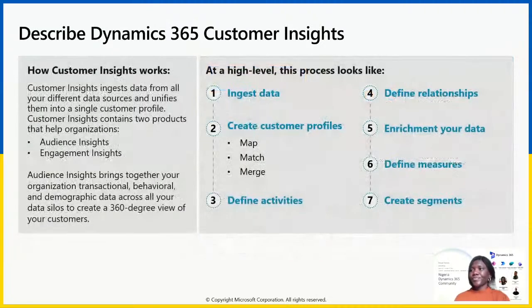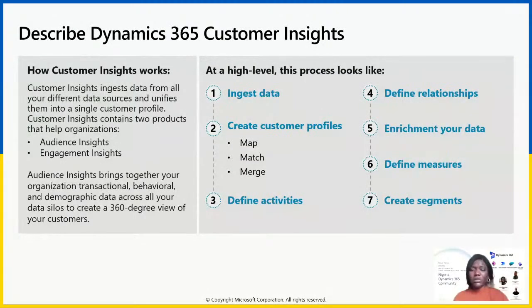So how does it work? The first thing is you get your data, you ingest the data, then you create your customer profile. So you need to map, match, and merge, right? So you match the data that is coming in with what you have at the moment.